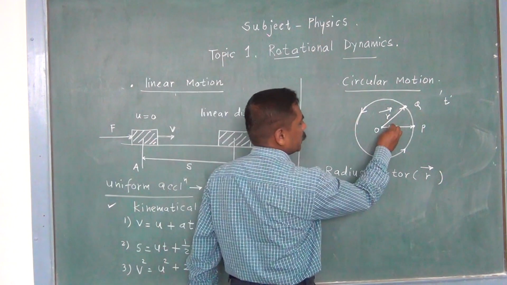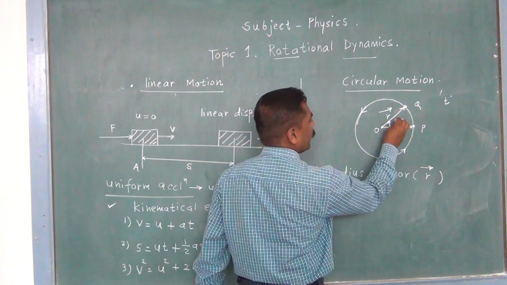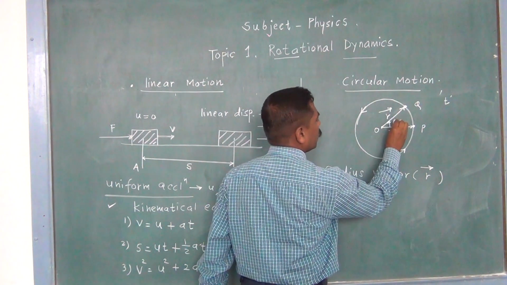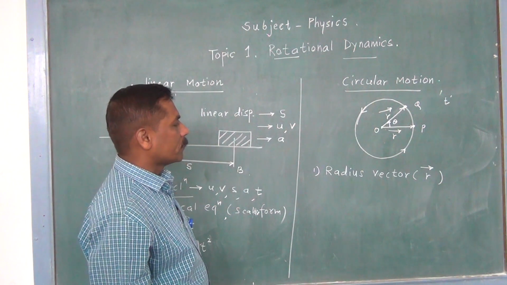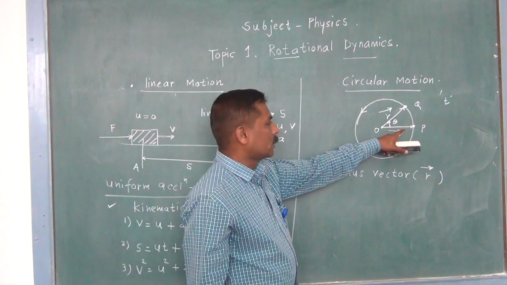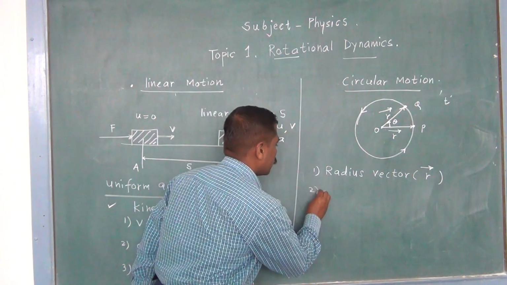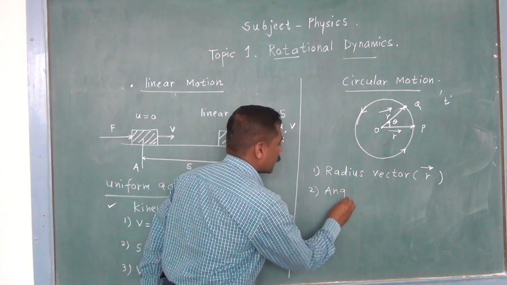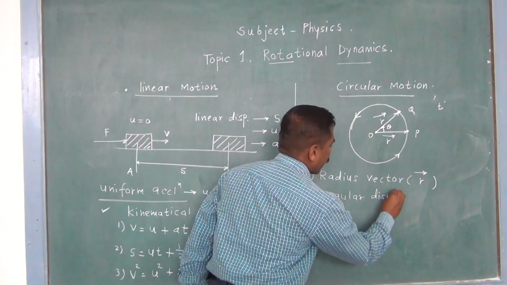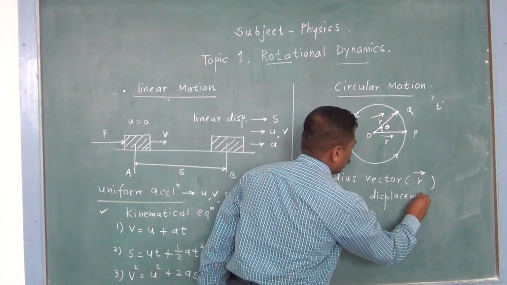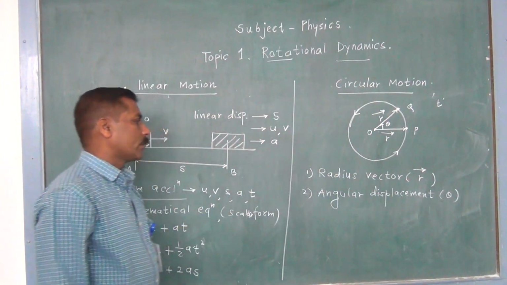Because of this change in radius vector, there is an angle, which is the plane angle. Because of the changing position of the radius vector, the next terminology is angular displacement, and this angular displacement is denoted with theta.